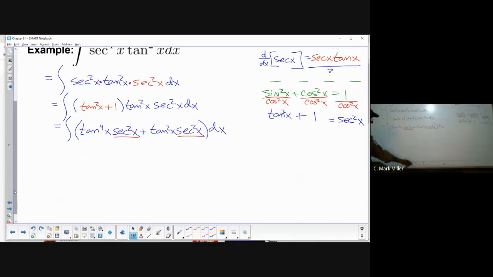All right. So this right here is tangent x to the fourth power times the derivative of tangent. Trig function to a power times the derivative. This is the same format. What does that integrate to?